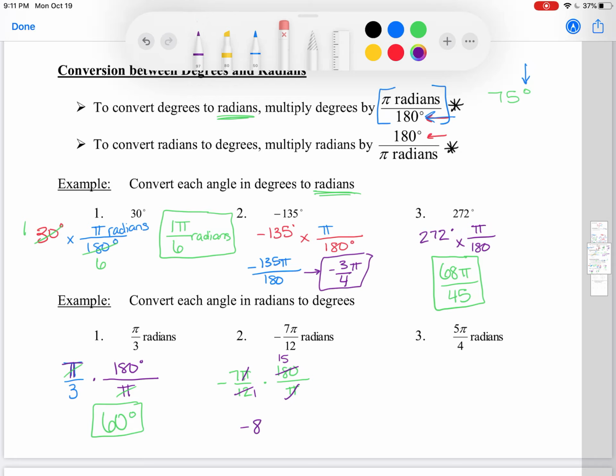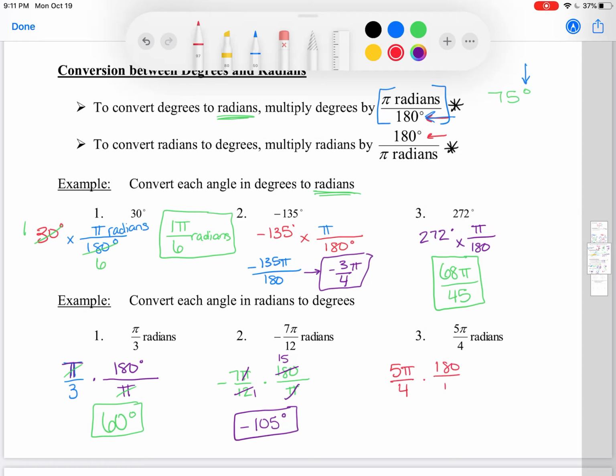Yep, 15 times. So I can reduce that to a 15 or reduce that to a 1. And now I can distribute and multiply, and you will get a negative, oops, not 85, excuse me. You'll get a negative 105. And of course, you converted it to degrees, so make sure you include that degrees symbol.